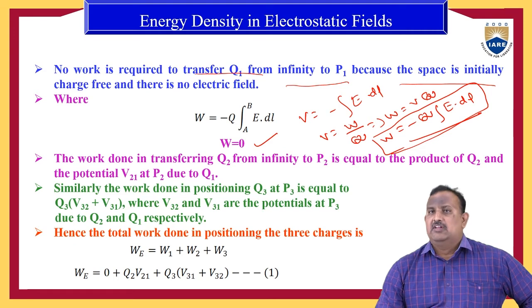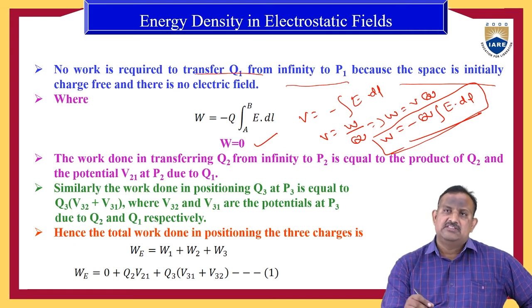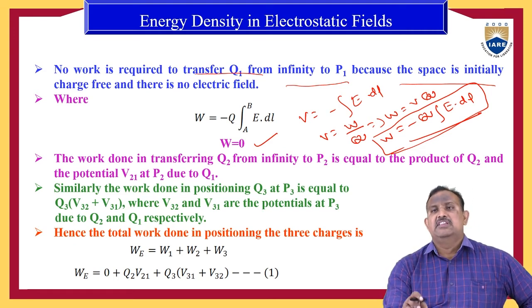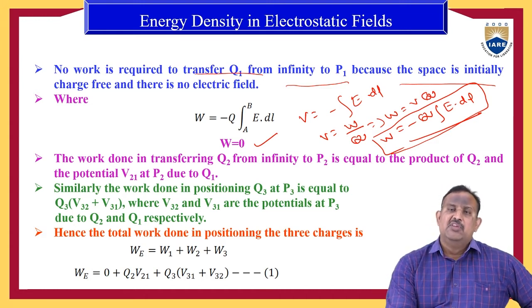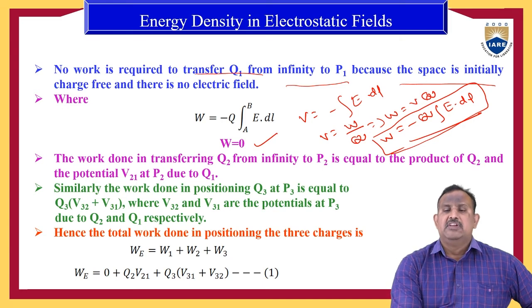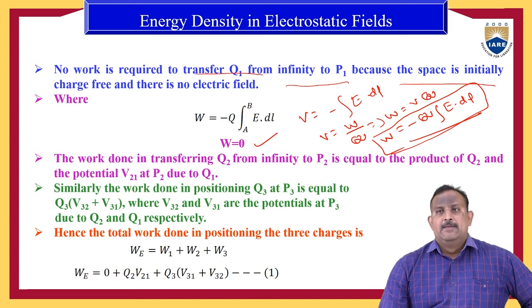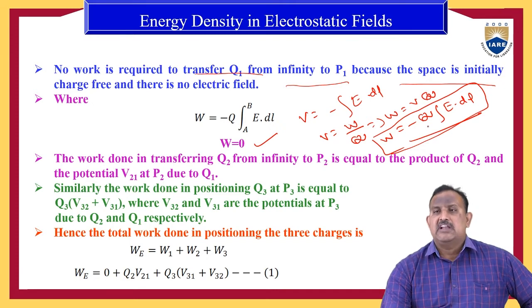Now I want to move a point charge Q2 from infinity to a point P2. Here there is already a charge in space, some charge Q1. Because there is charge Q1, we need to do some work in moving point charge Q2 from infinity to point P2. The work done required is equal to charge times potential.